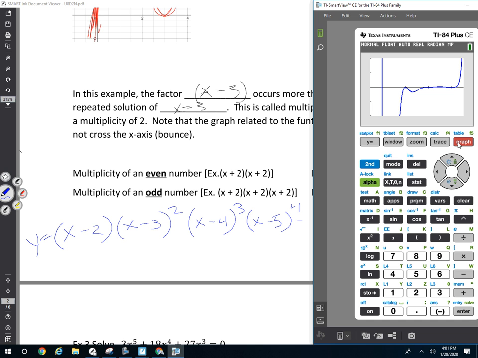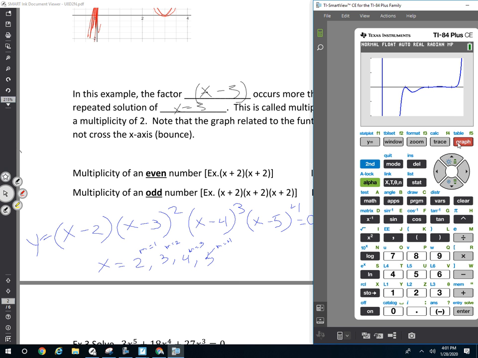If I set this equation equal to 0, we have 2, 3, 4, and 5 as solutions. I would say 2 has a multiplicity of 1. I'm going to put m equals 1. 3 has a multiplicity of 2 because I have x minus 3 twice. I have 4 as a multiplicity of 3, and I have 5 as a multiplicity of 4.